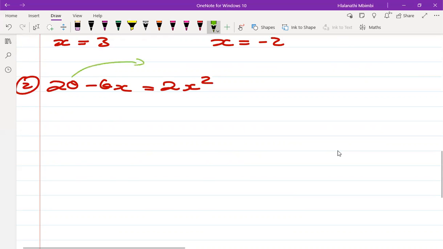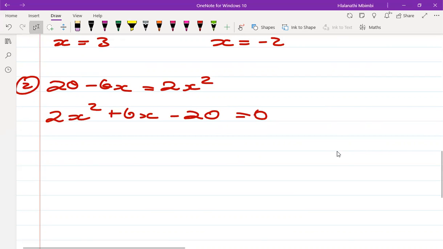Take that to that side, so that you stay with a positive 2x squared. Positive, which is probably what I would like. But as much as I'm taking them to that side, I'm rewriting them this side. So I would say this is my 2x squared, plus 6x minus 20. Right?